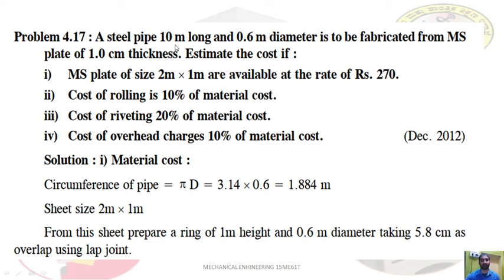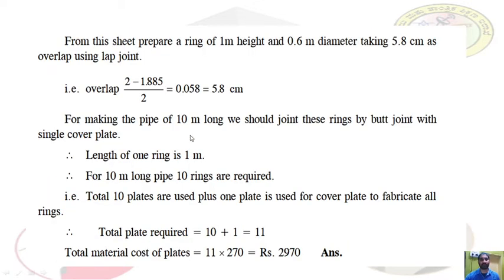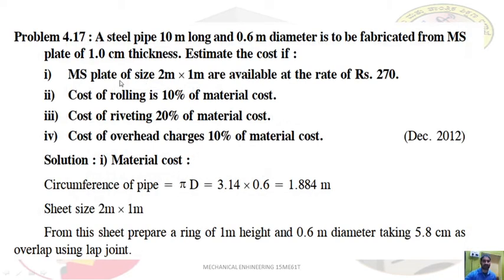So we require 10 such sheets for making 10 meter long pipe. With one MS sheet we can make 1 meter long, so we require 10 such sheets.